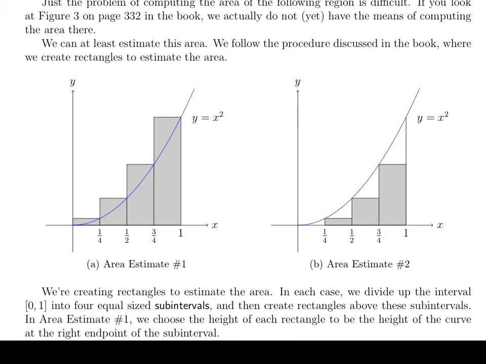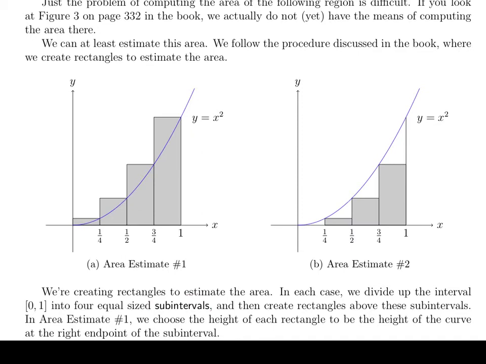So in each case, we're going to divide up the interval 0 to 1 into what we'll call 4 equal-sized subintervals. So this is a new term that we have not used before. We're dividing an interval into subintervals, and then we're going to create rectangles above these subintervals. Now, in the first area estimate, the height of each rectangle is going to be chosen to be the height of the curve at the right endpoint of the subinterval.